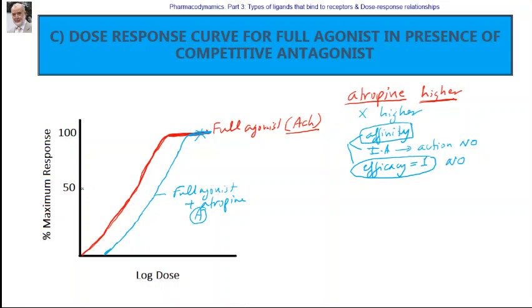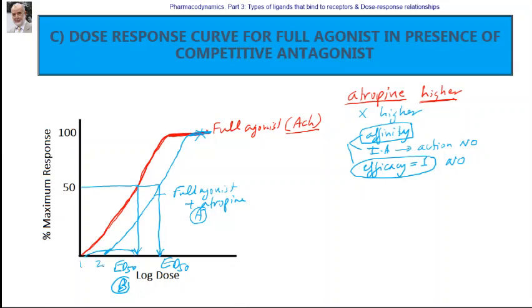If we look at the dose response curve, we find that the ED50 of the agonist alone, which we call B for example, is smaller than the ED50 of the agonist in the presence of the antagonist. This is the ED50, and this is the ED50.